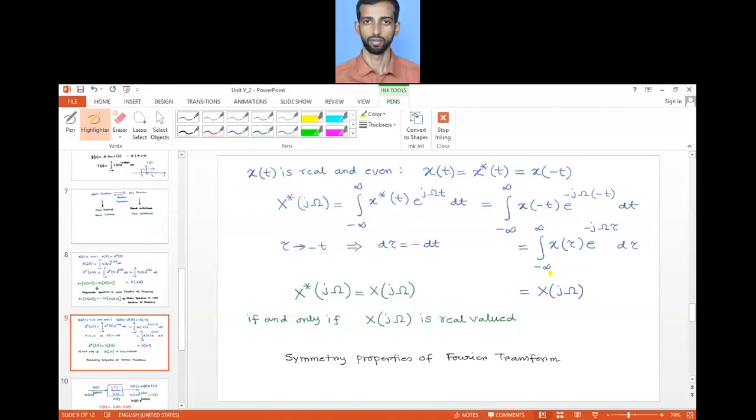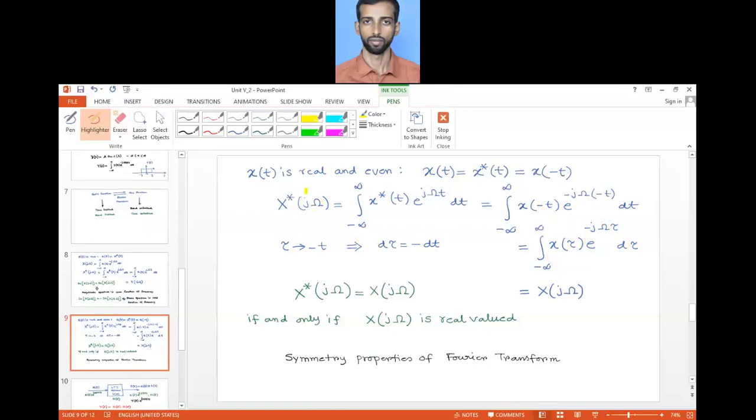Then this integration will be from minus to plus infinity of x(tau) e^(-jω tau) d tau. So it is simply X(jω). It is no longer X(-jω), rather X(jω). So here we find if the signal is real as well as even in the time domain, then X star(jω) is equal to X(jω), and that is only possible if X(jω) is a real value, otherwise not possible.